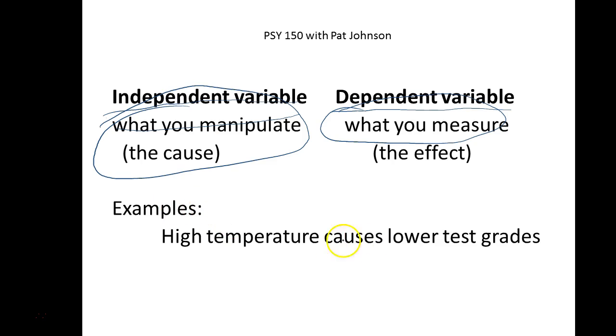Well, that would be temperature. In other words, we're saying that it's the heat in the classroom that is causing the lower grades. The lower grades would be the effect. So we're saying that lower grades is the dependent variable, while temperature is the independent variable.